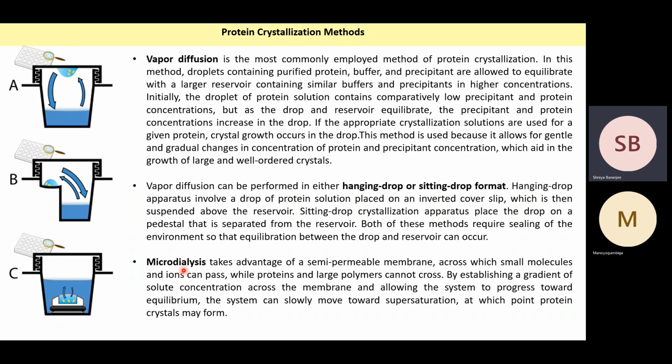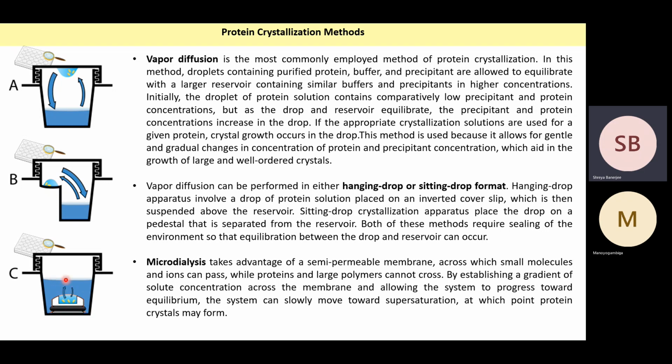So basically, this system is completely isolated from the outside environment, and only then can this equilibrium occur. Another method is called microdialysis. This takes advantage of a semi-permeable membrane across which small molecules and ions can pass, but proteins and large polymers cannot pass. So a gradient of solute concentration is established across the membrane. What this means is that this is a membrane and you have the protein concentration inside, which is very low, and the protein concentration outside is high.